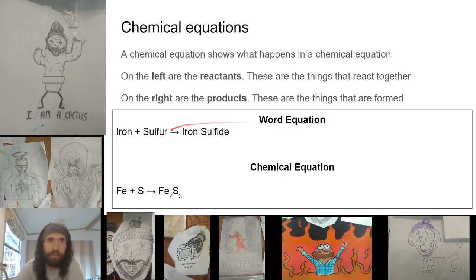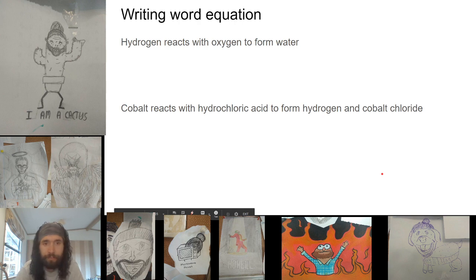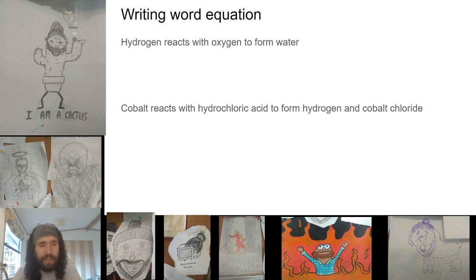So this is a word equation, nice and easy with words. And later on, but not yet, you're going to do a chemical equation using chemical symbols. But this is a little bit more complicated, so don't worry about that yet. A word equation is really simple. You're going to get something like this, a description. Hydrogen reacts with oxygen to form water. To write the word equation, we change the stuff like with to a plus.